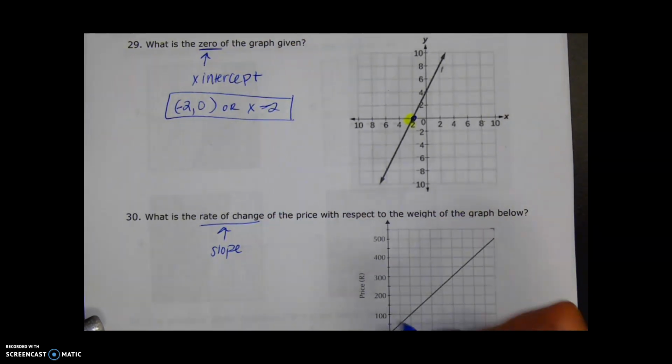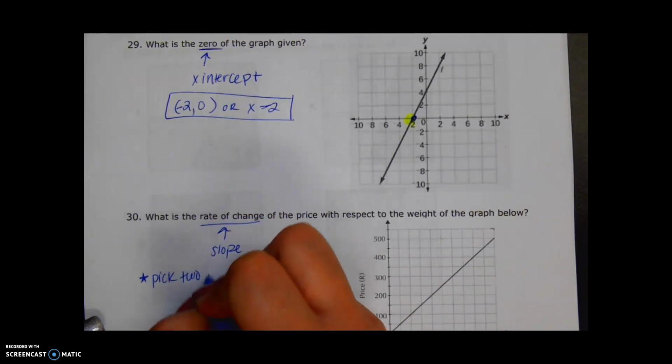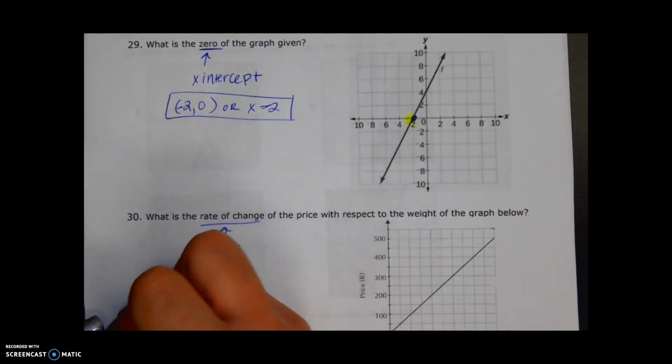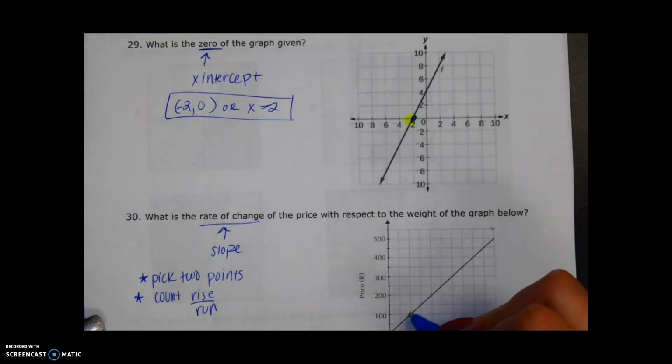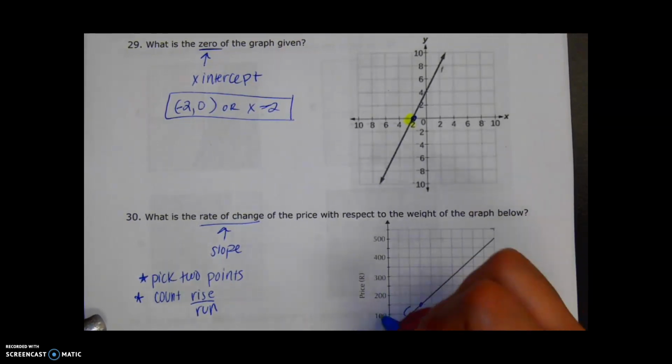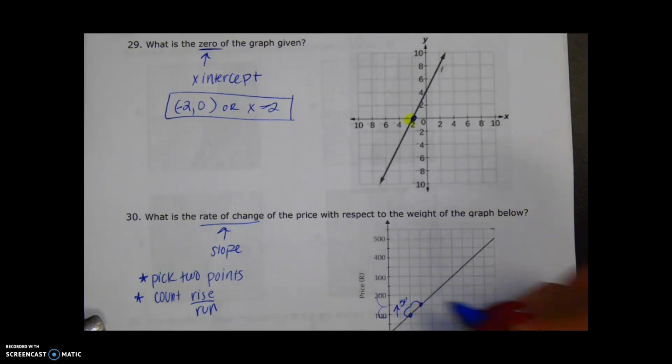So we just have to pick 2 points when we're looking for slope, obviously. Pick 2 points and then count rise over run. So I'll pick 1 point here and 1 here. I'm going up by 50 because these are counting by 50s. So I go up 50 and then to the right. Looks like it goes from 5 to maybe 7.5 to 10.